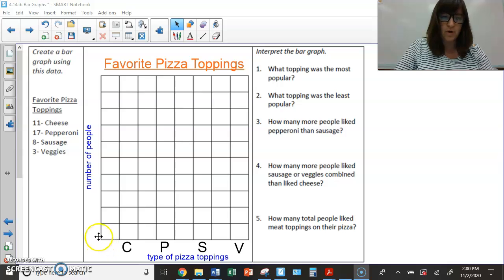So if I count by ones, if this bottom line is 0 and I count 1, 2, 3, 4, 5, 6, 7, 8, 9, 10, I'm not going to have enough. So I need to count by a different unit. So let's try 2s. 0, 2, 4, 6, 8, 10, 12, 14, 16, 18, 20. That's perfect because that gets to 17.